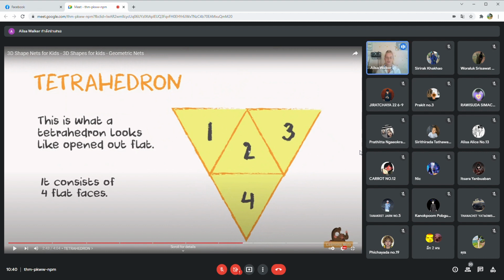We call this one a triangular based pyramid. Let's look next.